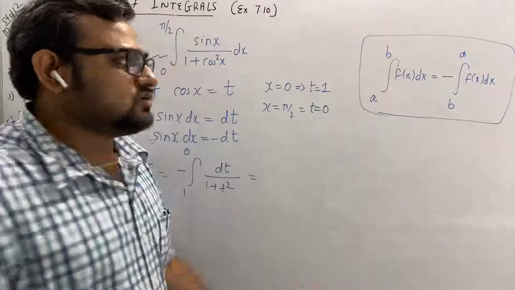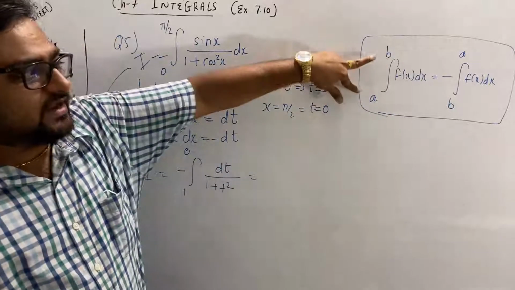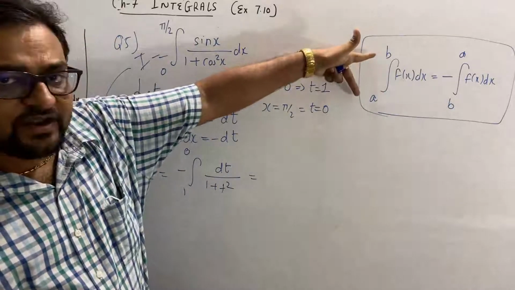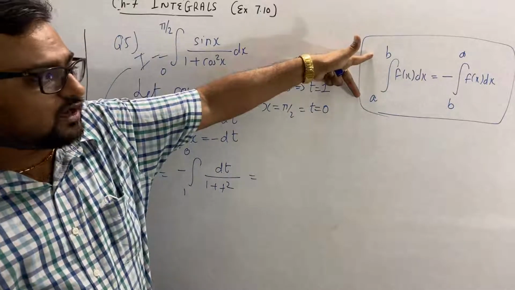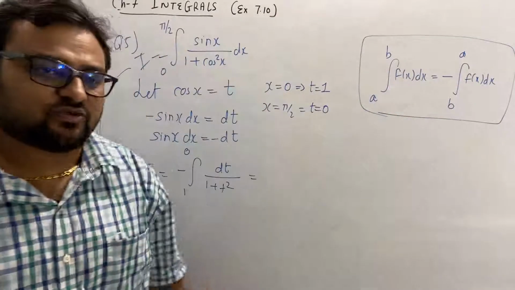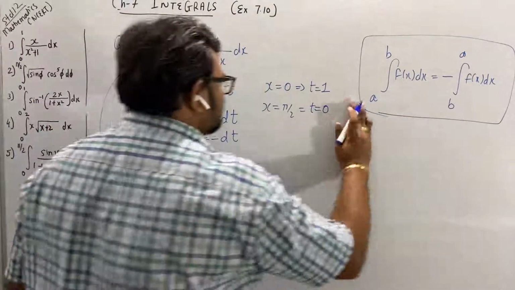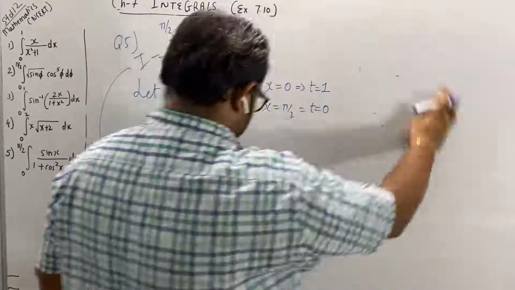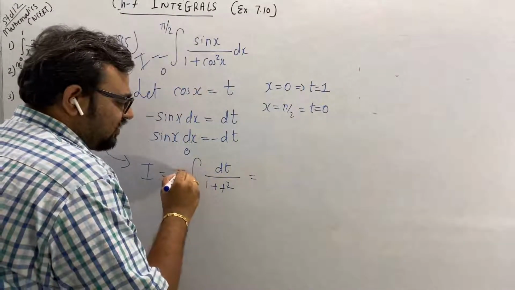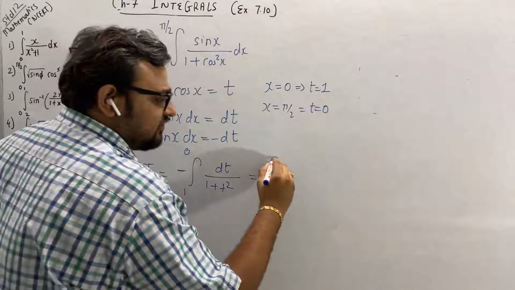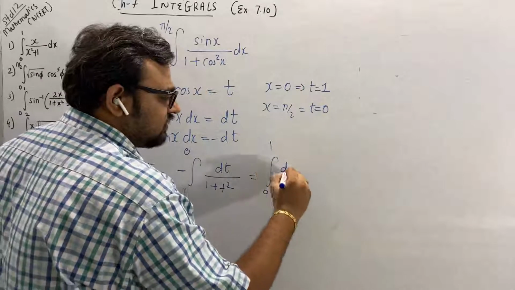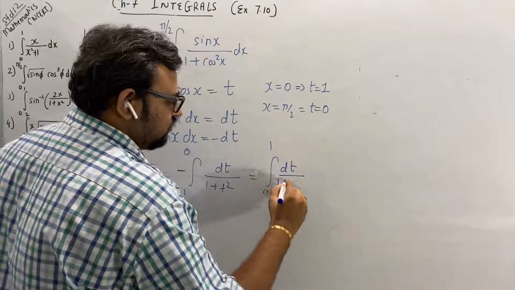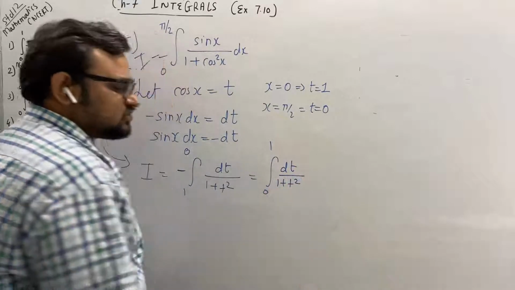Okay, so just note down this thing. When I'm interchanging the upper and lower limit, I put a minus. Okay, so here also what I will do, here already there is a minus sign. So it will be from 0 to 1 dt upon 1 plus t square.